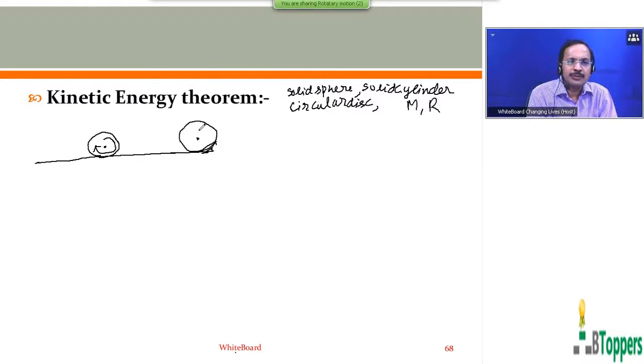Okay. So the perpendicular or radial distance of any particle of the body from the horizontal axis passing through the center of mass will be constant during the combined translational and rotational motions.